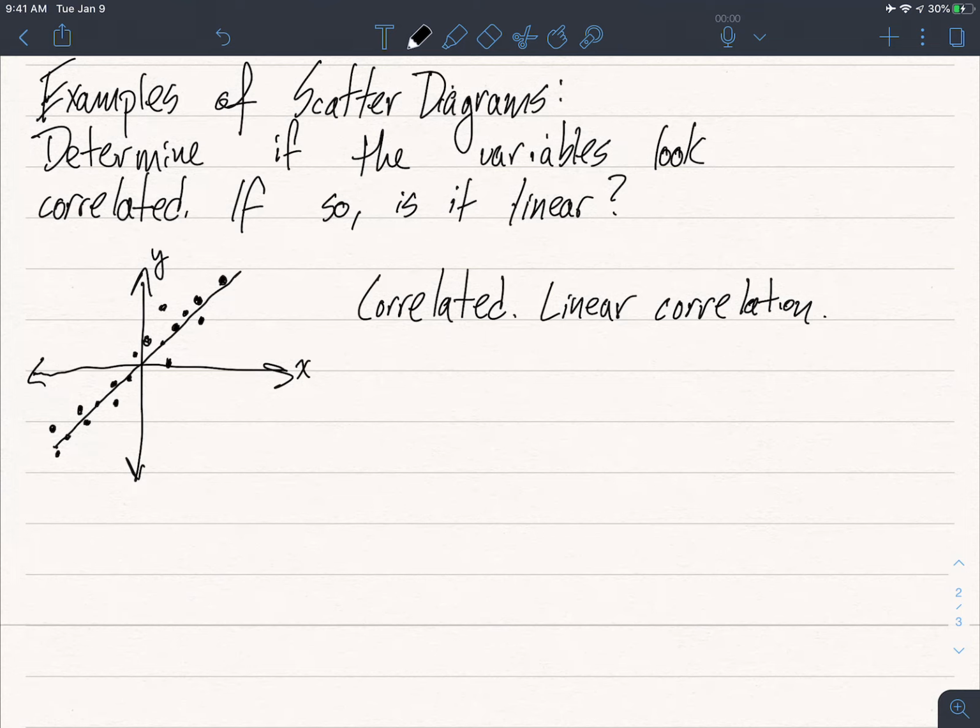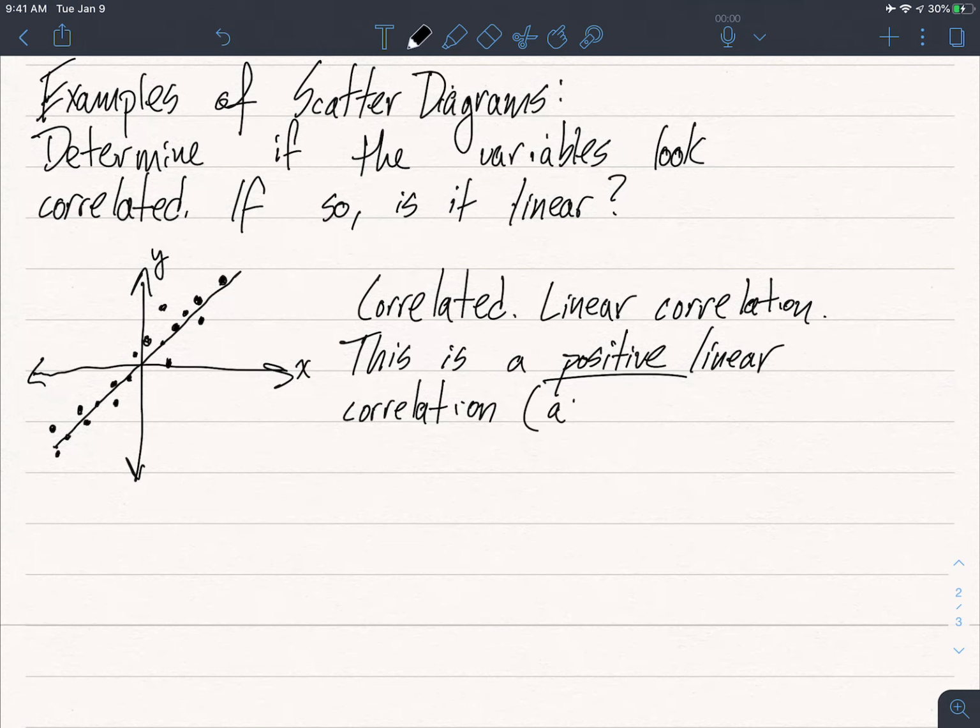Not only that, this is a positive linear correlation. Which means as one variable increases, the other increases.